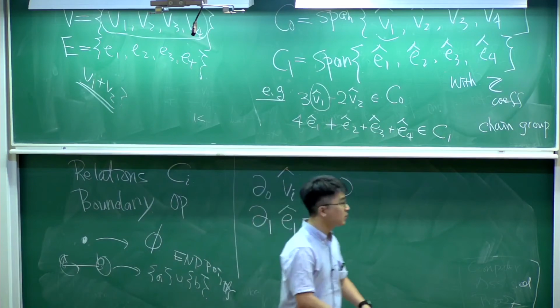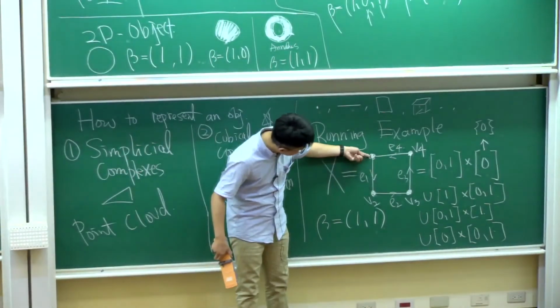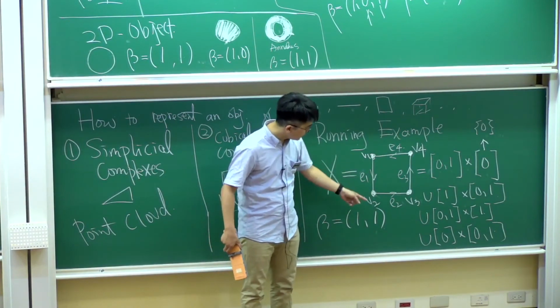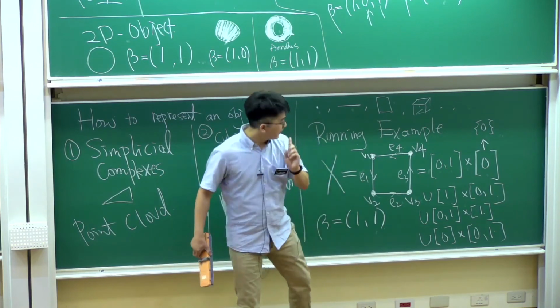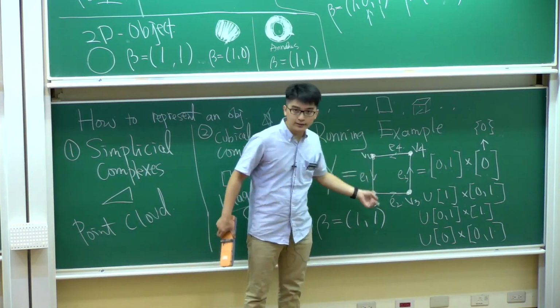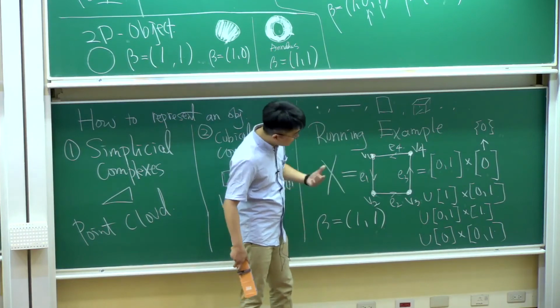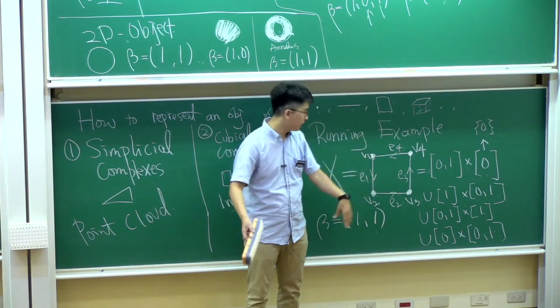So in this case, what is E1? E1 consists of the line segment V1 and V2, right? So the boundary will be V2 minus V1. So here I imposed an orientation, right? This is somehow artificial, but as long as you keep it consistent, you'll be okay, okay?